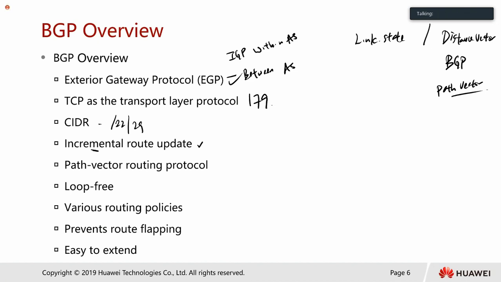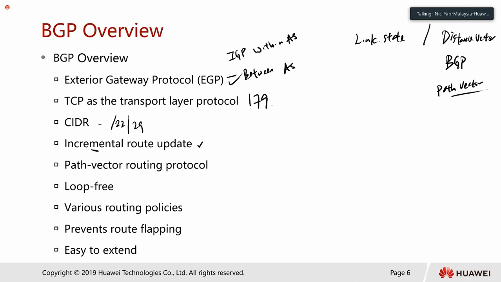Okay, because do you know how many BGP routes we have in total around the world? Do you know the amount? Right now, it's about 500,000 routes in the global table. Imagine, every time I send you a routing table, I send about 500,000 routes to you.